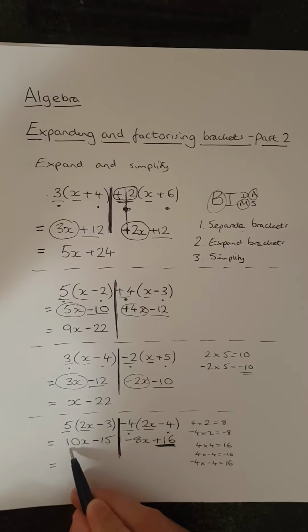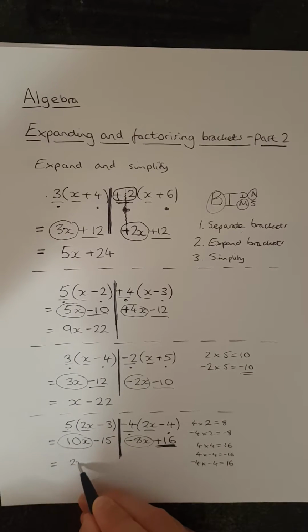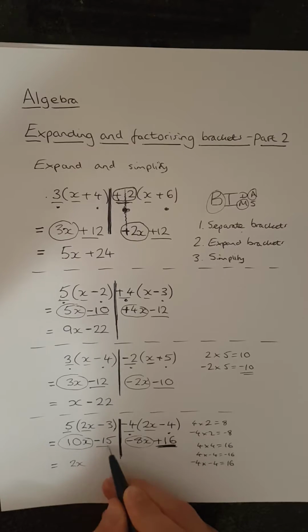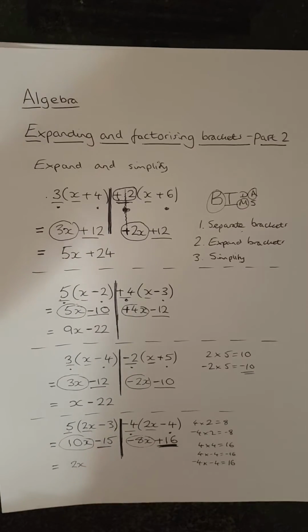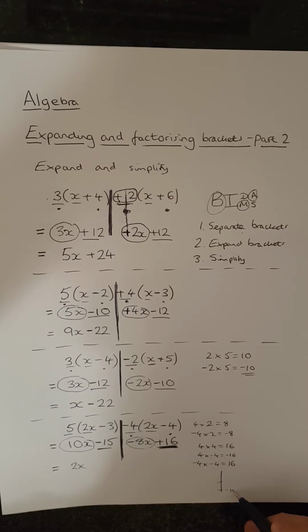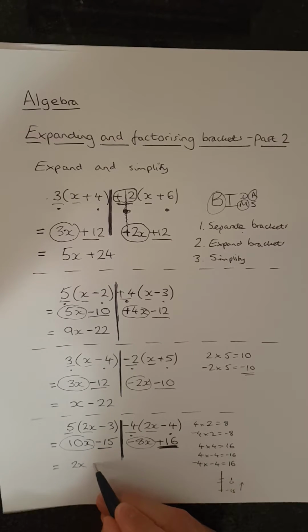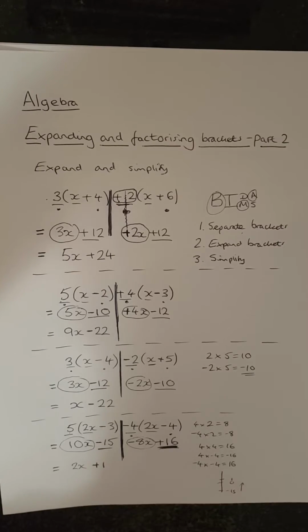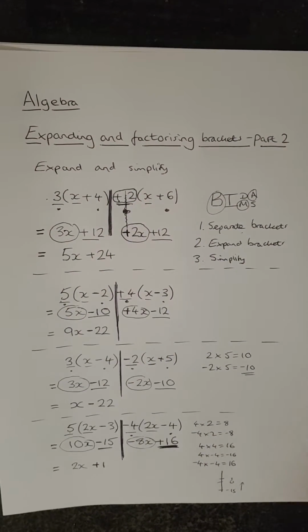So 10x take away 8x is 2x, minus 15 plus 16. So you're on minus 15, going up the number line towards 0. You've got to go a little bit further and you end up on plus 1. So you can see now that negatives are a real thing to watch.